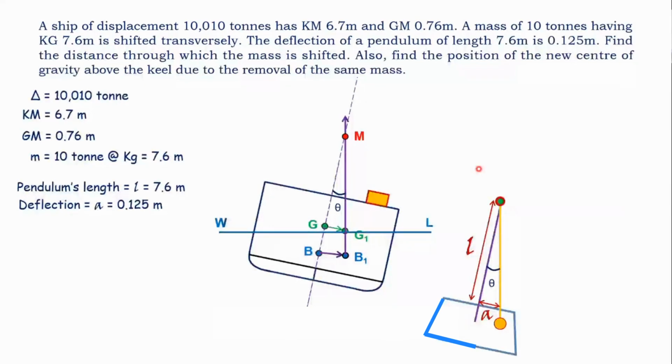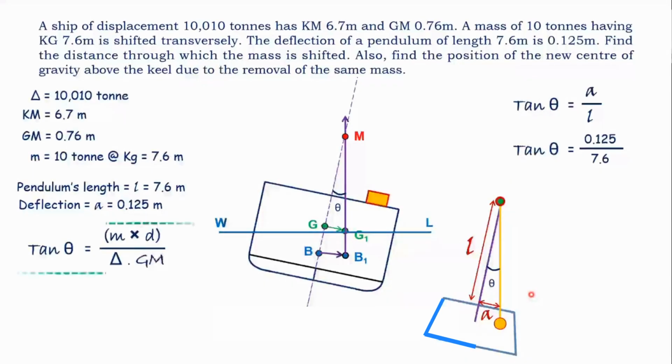So this data given about the pendulum will help us to know tan theta equals a upon l. A is given to us as 0.125. Length is given to us as 7.6 meters. Understood?